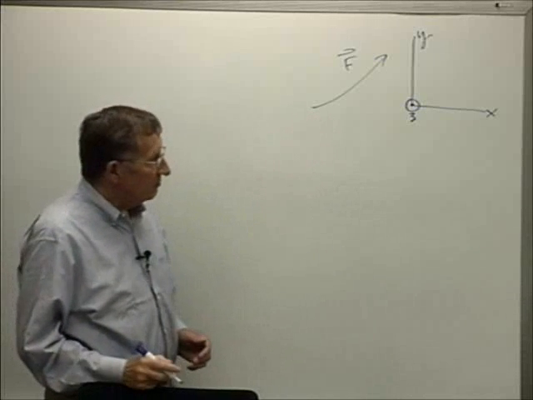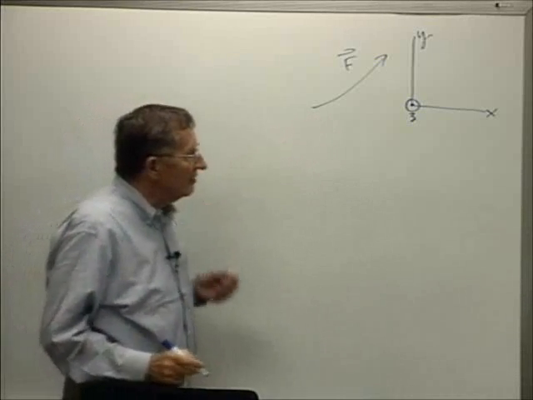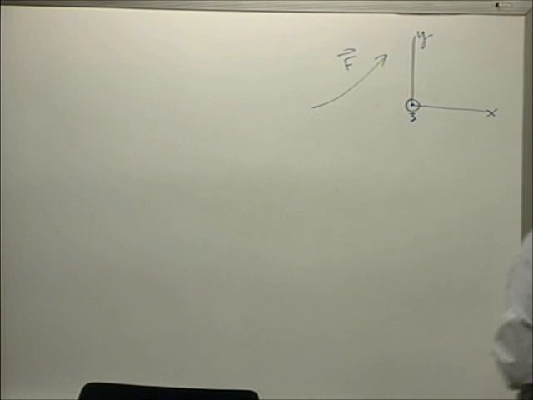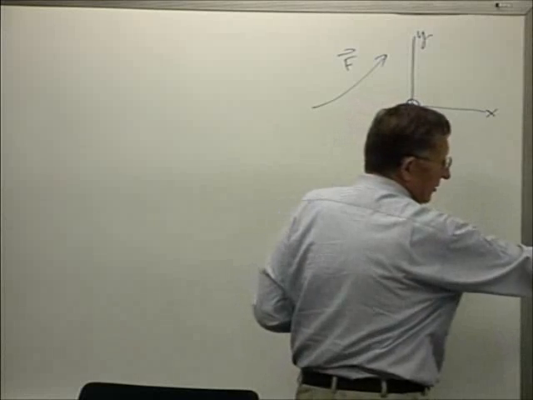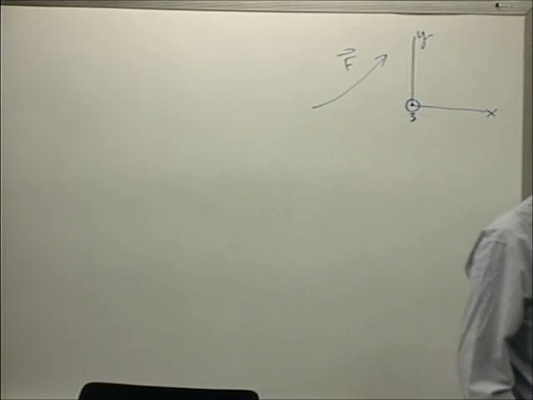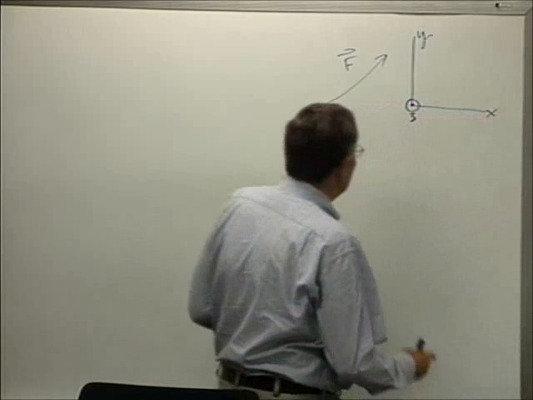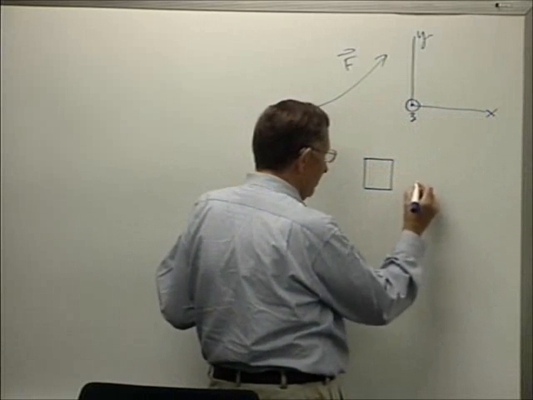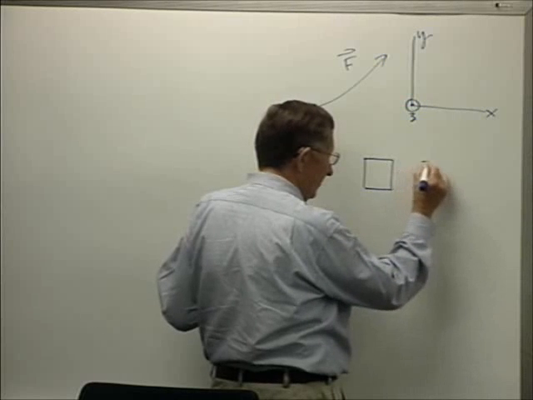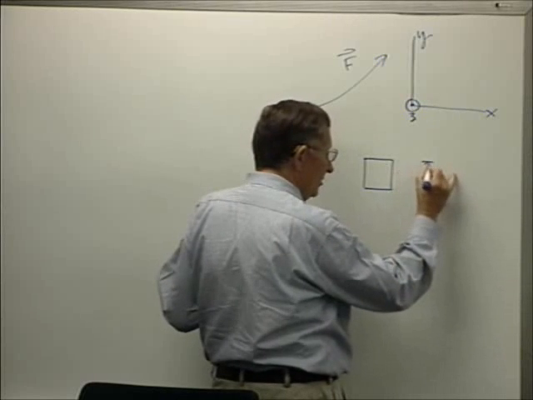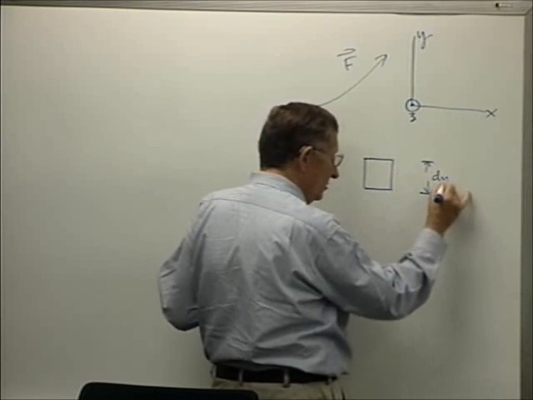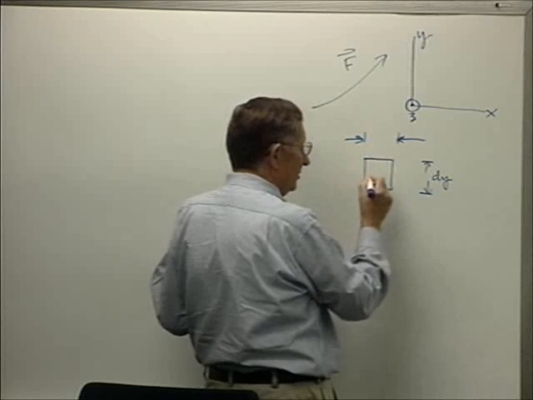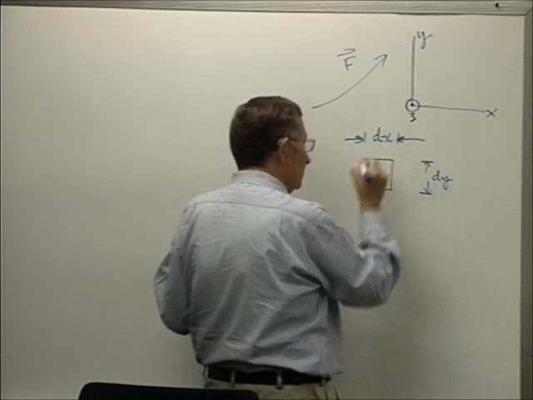And let's evaluate this side; we already know how to do that side. Let's say that we take a small element that in xy, this dimension is dy, and this dimension is dx.